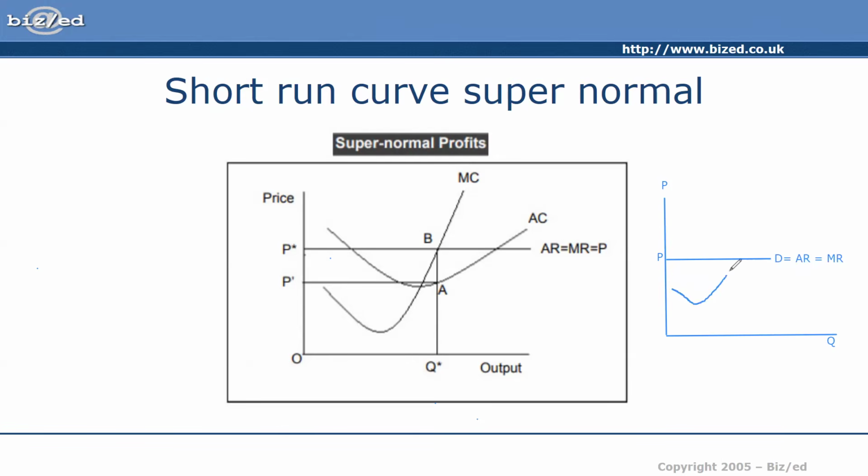Goes down first, then goes up. And we still operate where? Where our average revenue is equal to our marginal revenue, where our marginal cost is equal to our marginal revenue. So we operate at this point, where marginal cost is equal to marginal revenue, which means we'll be producing this amount of quantity.